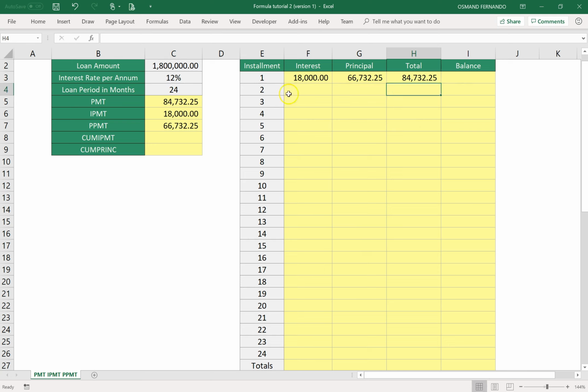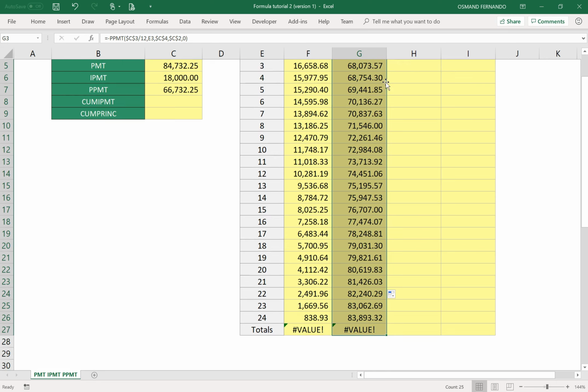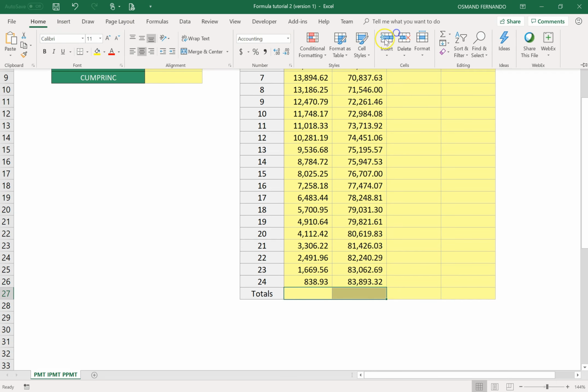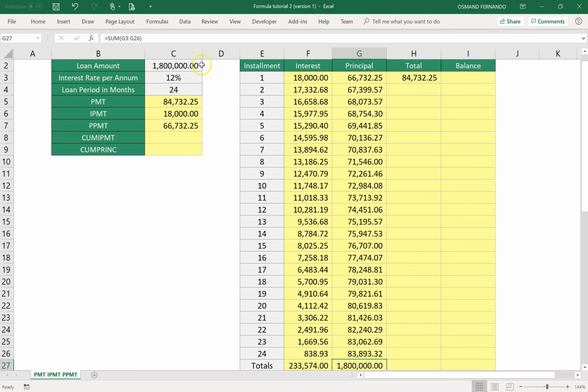Now it's easy, my friends. Using the fill handle, double click on it and you will see the values. Go to Home, do the auto sum, and you can see the capital portion is equal with the loan, and the total interest is this much.